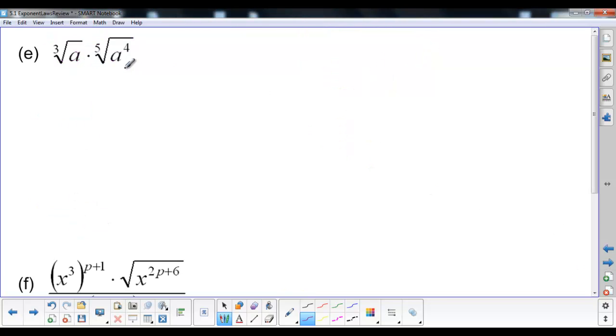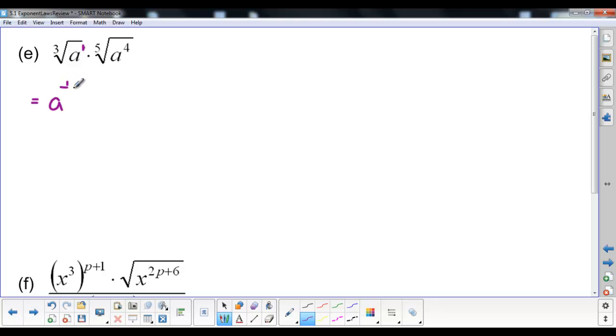Okay, question E. This time we have radicals. So what we're going to do is change each one of these into a fraction in our exponent. We'll keep the base a, and then because of this number being in the front here, I know that's the denominator of our fraction, and this is really a to the power of 1, so that'll be the numerator of our fraction.